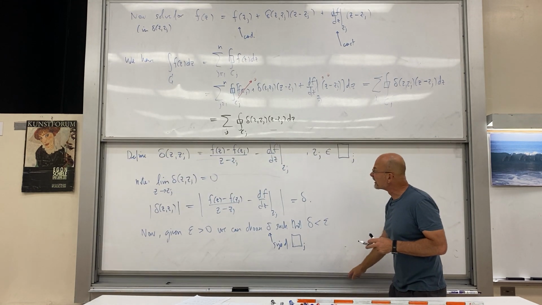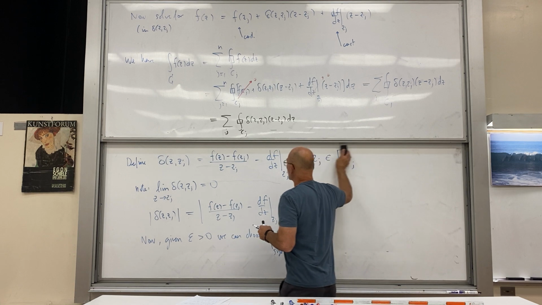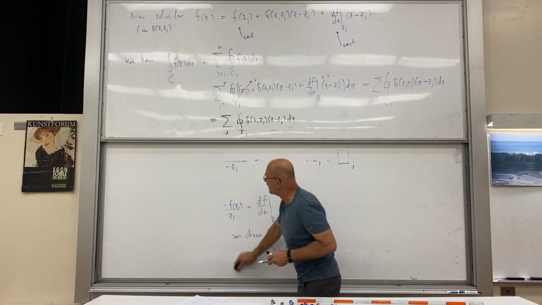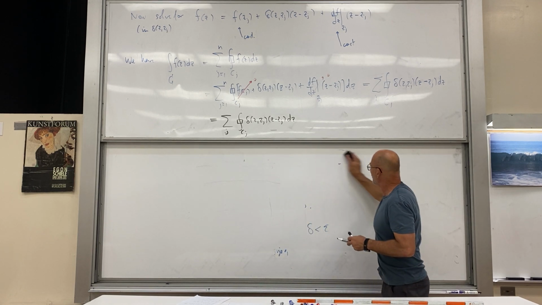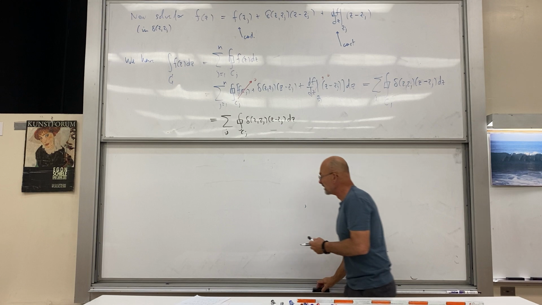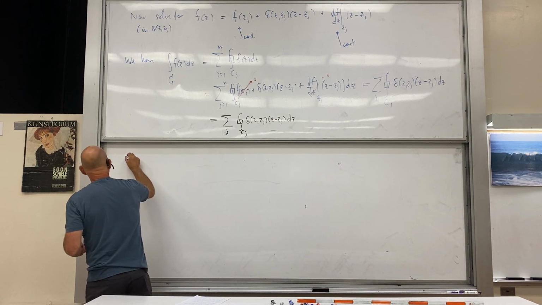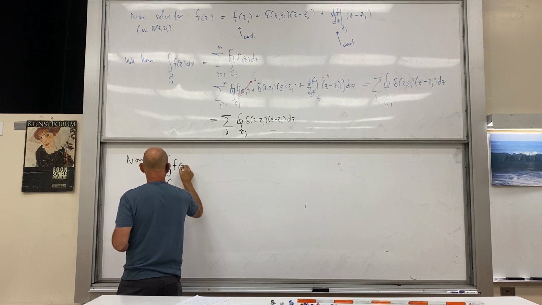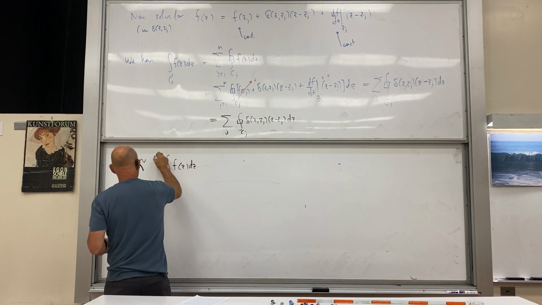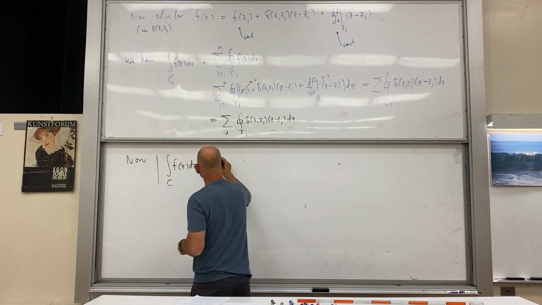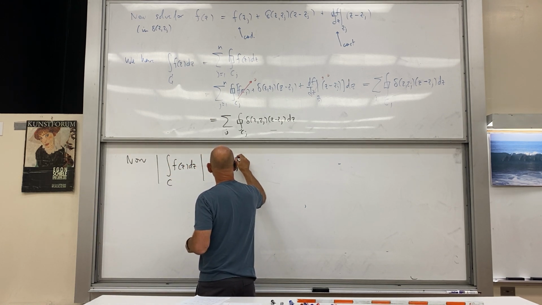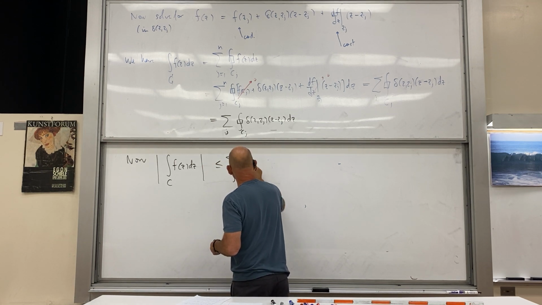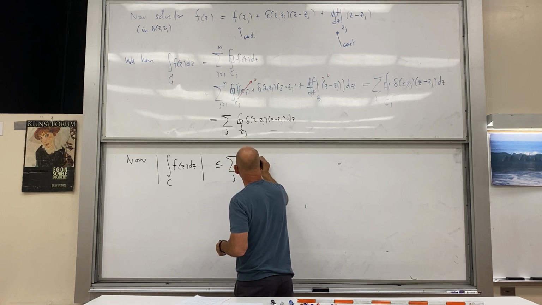Now we're going to estimate the size of that integral. So we'll first use the triangle inequality. The magnitude of the integral over c of f of z dz around that contour will be less than or equal to the sum of the magnitudes of all of these integrals over c sub j.